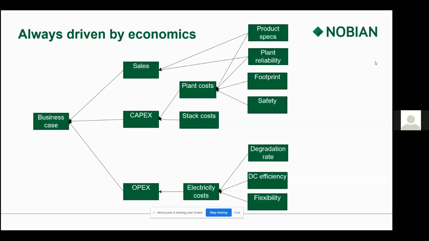And these in turn start relating to real technical aspects, like the product specifications, the plant reliability, the footprint, safety, the degradation rate of the process, the efficiency of the process, and the flexibility of the process. And all these are important variables. And often as electrochemists, we tend to focus on DC efficiency, but these other ones sometimes are even more important.